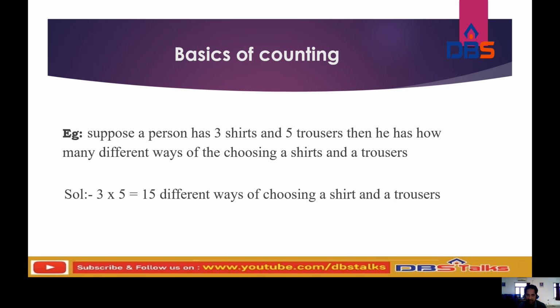So totally 15 possible ways of choosing a shirt and a trouser. Likewise we do it for the product rule, 3 into 5 equals 15 different ways of choosing a shirt and a trouser. That is called the product rule.